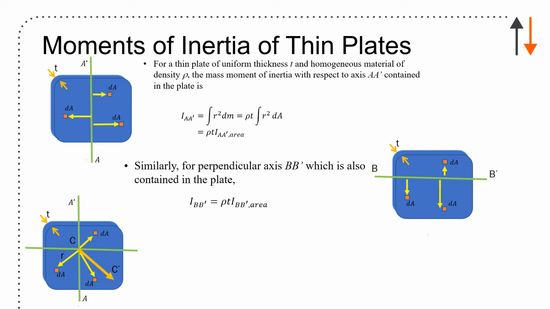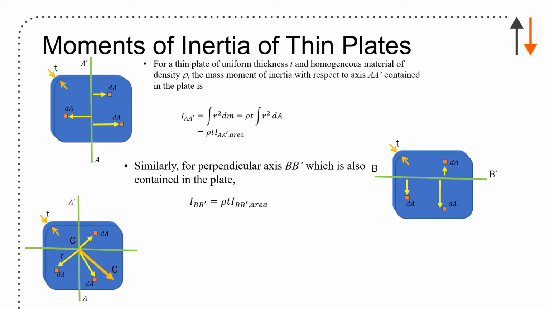You'll notice that the units are different because they don't include directly the moment of inertia in there. So it would be combined to get the mass moment of inertia. And you see the same thing over here, I BB prime area. So that's the only difference here, the difference in terms of the axes.